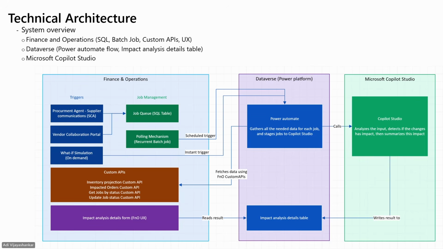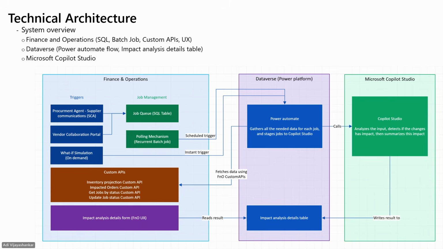After a job is queued and pulled, the job management module, the background job, will trigger the Power Automate flow that's in the Dataverse, the middle layer. And the Power Automate flow will pull in all the information needed for this job to be completed. So it pulls in all the inventory projections and all the impacted orders from F&O using custom APIs.